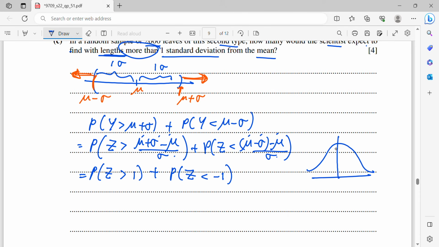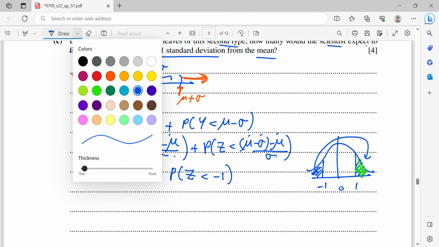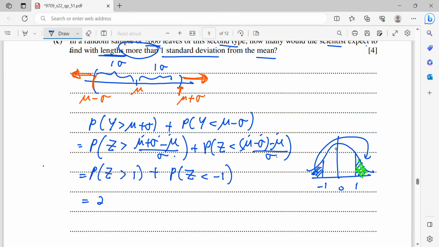So once you have obtained this, now I will draw the normal graph. So basically now we need to find which is more than 1 and less than minus 1. These two regions are symmetrical basically. Okay, so I can flip this over, and then it is the same as double of the green region. So I will write this is basically same as double of green region.